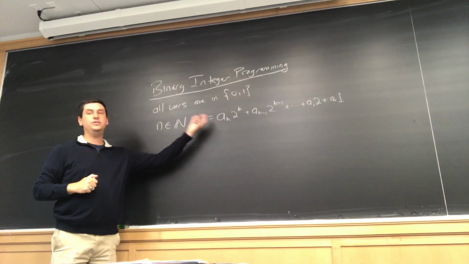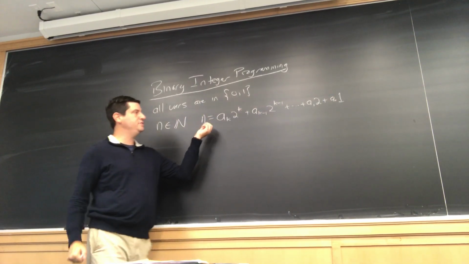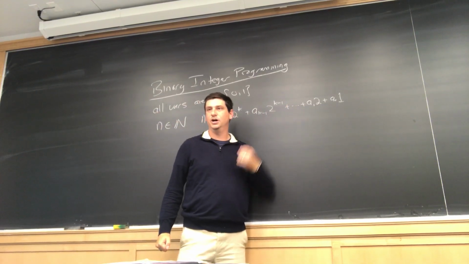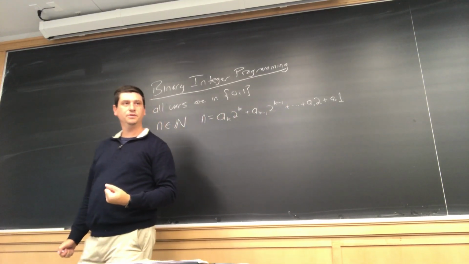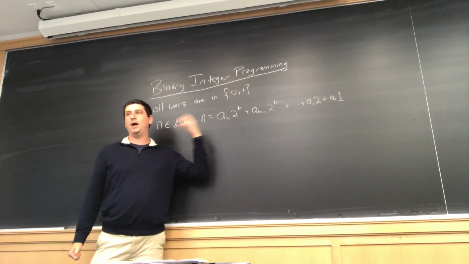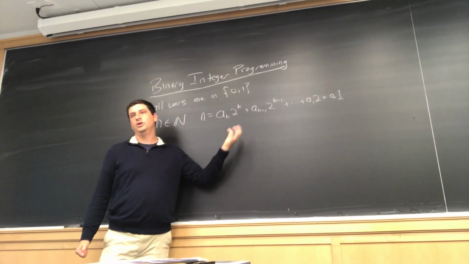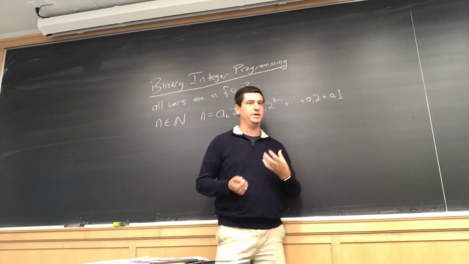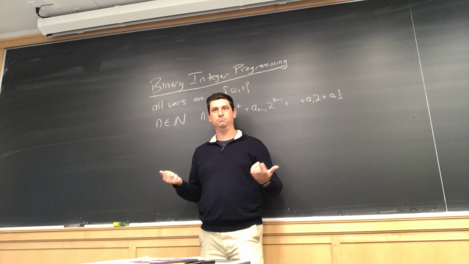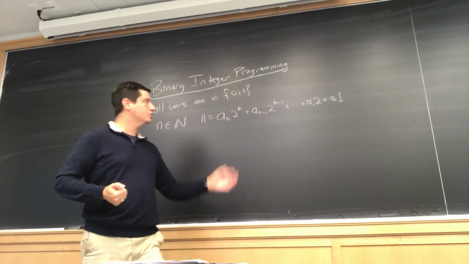So if I give you an integer, I can represent that integer as a tuple of 0, 1 variables. As long as everything is bounded, this is not a problem. So is there really a loss in going from integer to binary? No. It might be inconvenient to code like this.